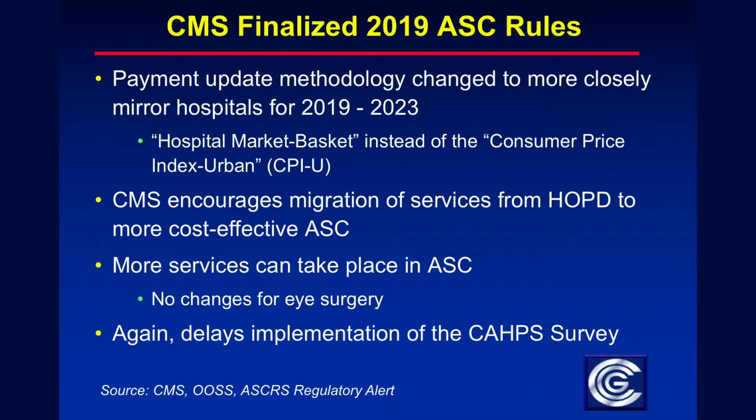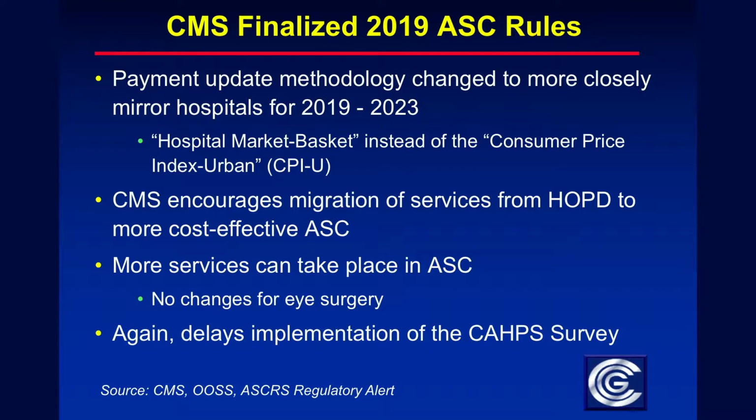Importantly, the 2019 final rule changed the ASC payment update methodology to use the Hospital Market Basket Index instead of the Consumer Price Index Urban. The impact of this change is a more rapid increase in the payment rates for ASCs than previously.